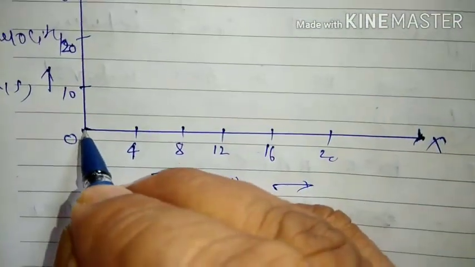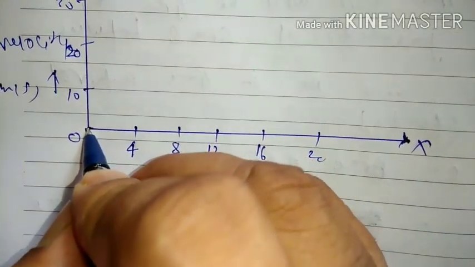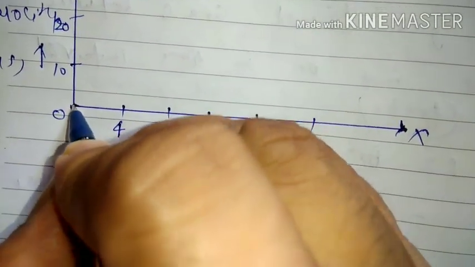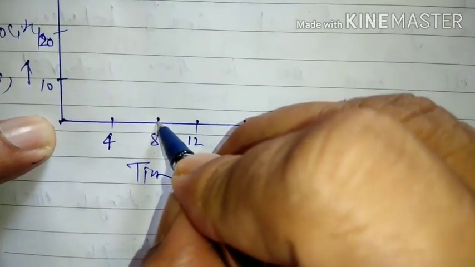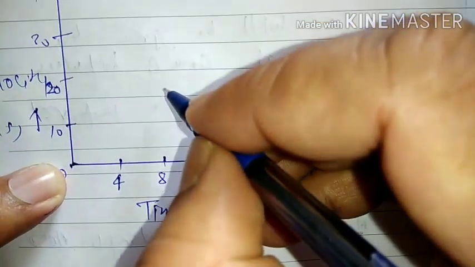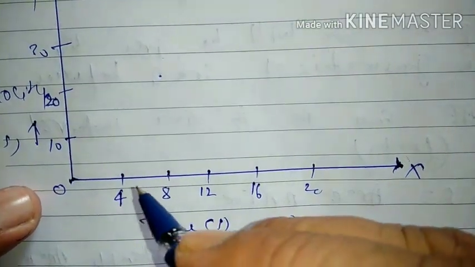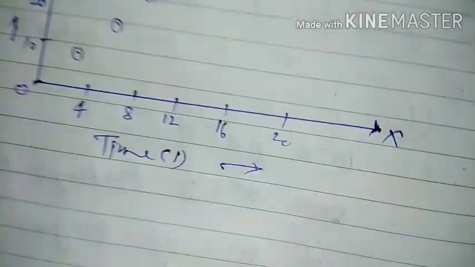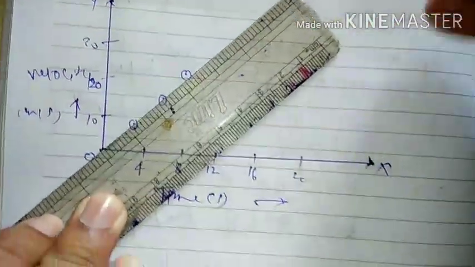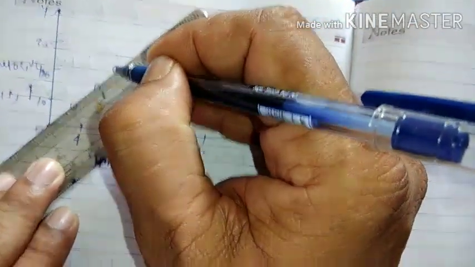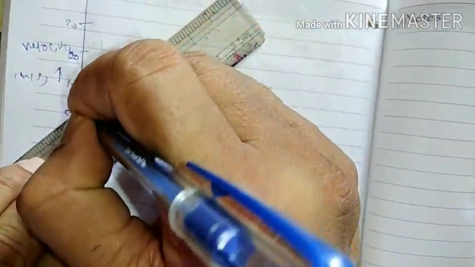Suppose initially when time was 0, the velocity was also 0. But after 8 seconds, the velocity increases up to a maximum extent and it reaches, suppose, nearly this. In between, we have different intervals of velocity. So with time, velocity is increasing continuously. So this portion of the graph shows uniformly accelerated motion.